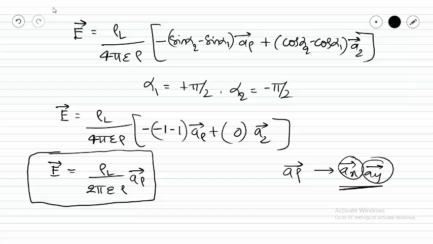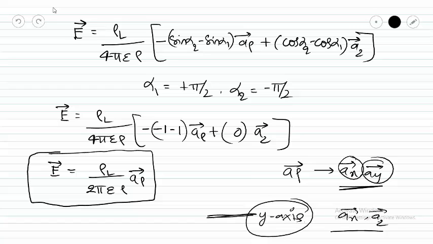Similarly, if an infinite line charge exists on the y-axis, then it will have components in x and z directions. So this is the final expression for electric field intensity due to an infinite line charge distribution at a point P. Rho L is the line charge density and rho is the distance between the point of interest P and its projection onto the z-axis.